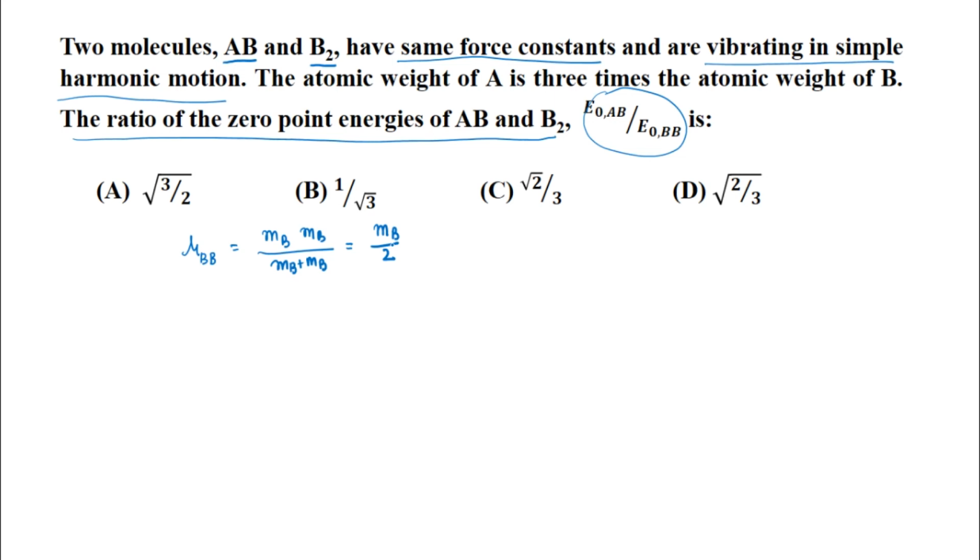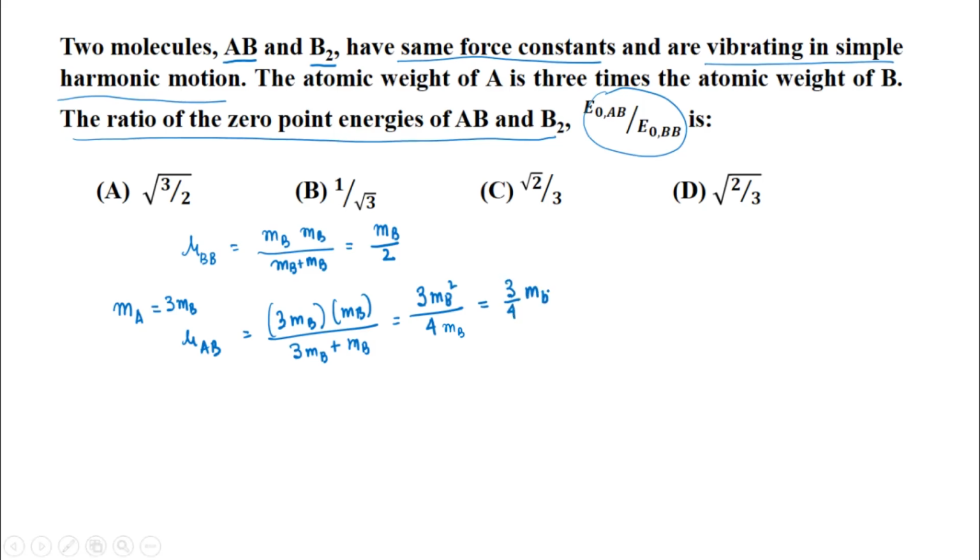In the question it is given that M A is 3 times of M B. So, M A equals 3 M B. So, we can write mu of A B equals 3 M B times M B divided by 3 M B plus M B. So, this becomes 3 M B squared by 4 M B. So, that is 3 by 4 M B.